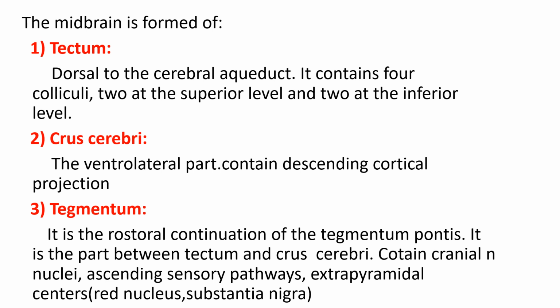It is the part between the tectum and the crus cerebri, because the arrangement from posterior aspect to anterior aspect is as follows: tectum, tegmentum, then crus cerebri anteriorly. As regards the tegmentum, it contains cranial nerve nuclei, ascending sensory pathways, and also extrapyramidal centers, which are the red nuclei on both sides and the substantia nigra.